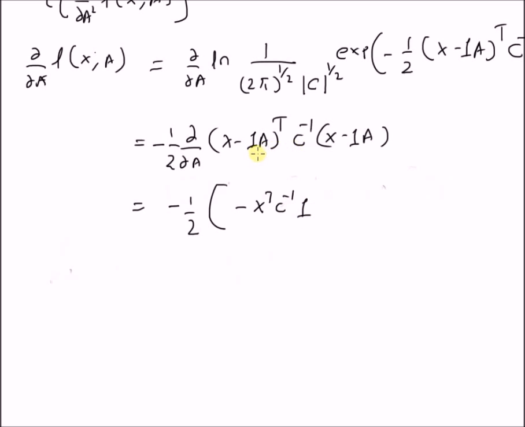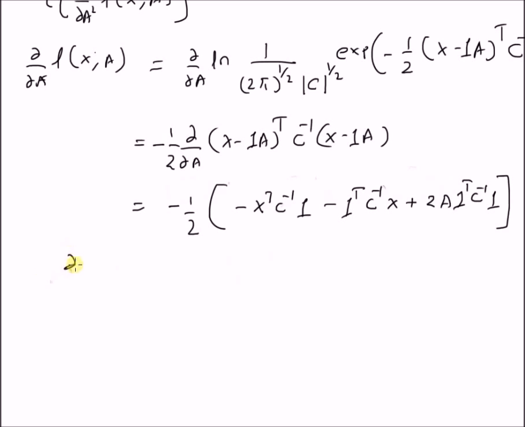Similarly for the third term, that is 1 transpose C inverse x into A, the derivative is clearly minus 1 transpose C inverse x. And finally for the quadratic term in A, we have plus 2 times A into 1 transpose C inverse 1.